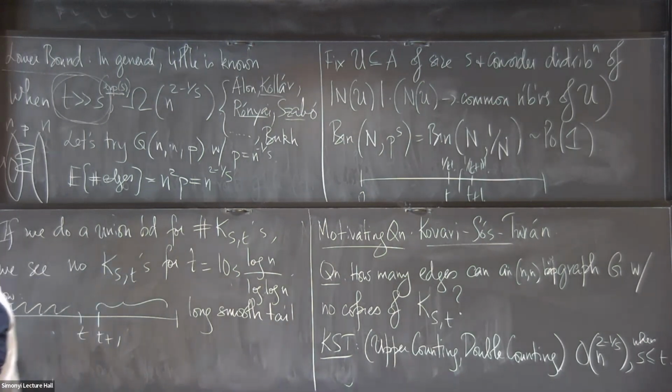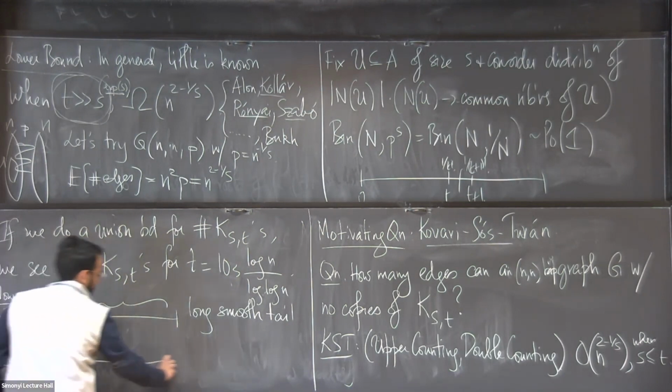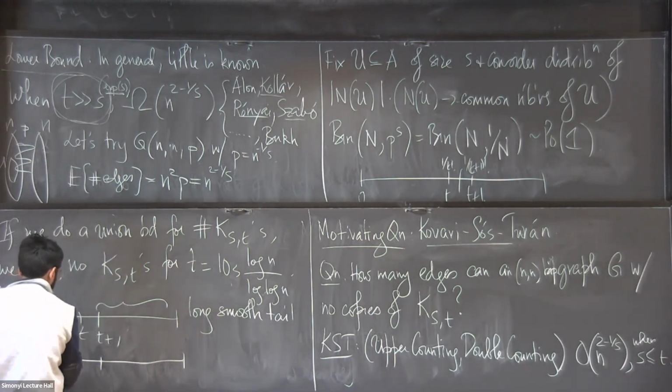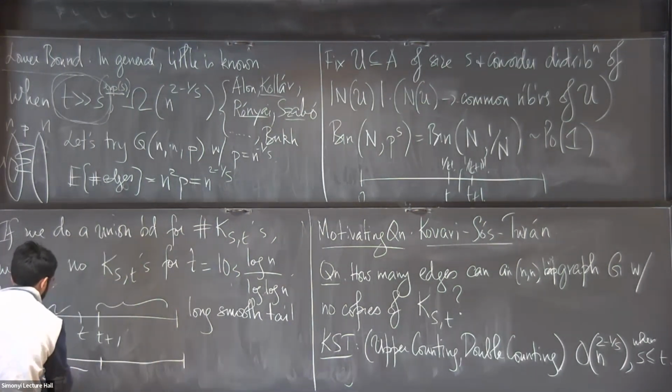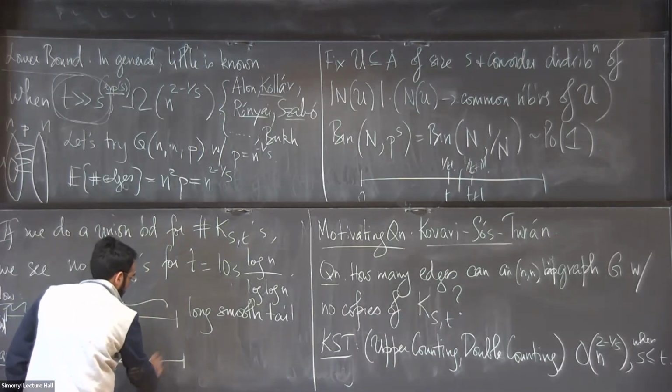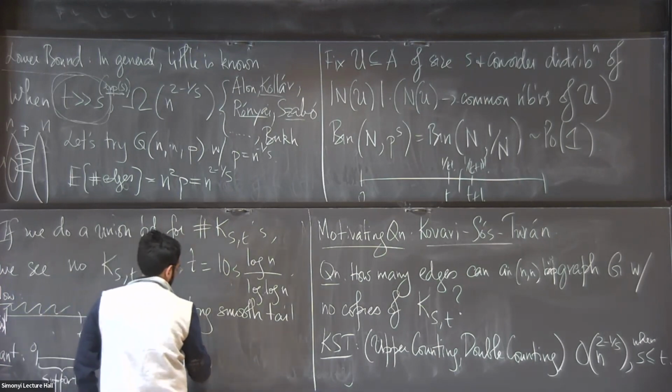And hopefully, the way I've arranged things, the toy problem is now suggested. What we'd like is something like in the toy problem, where there's some support here from 0 to t. But then you want to chop all this up. You want it to be more rigid.